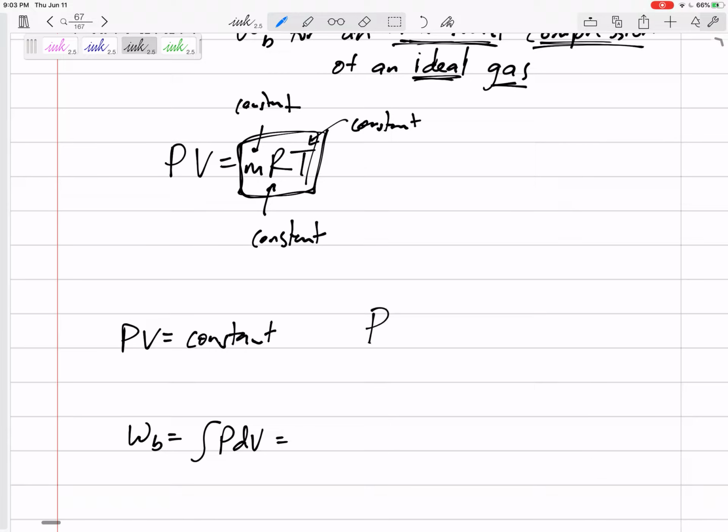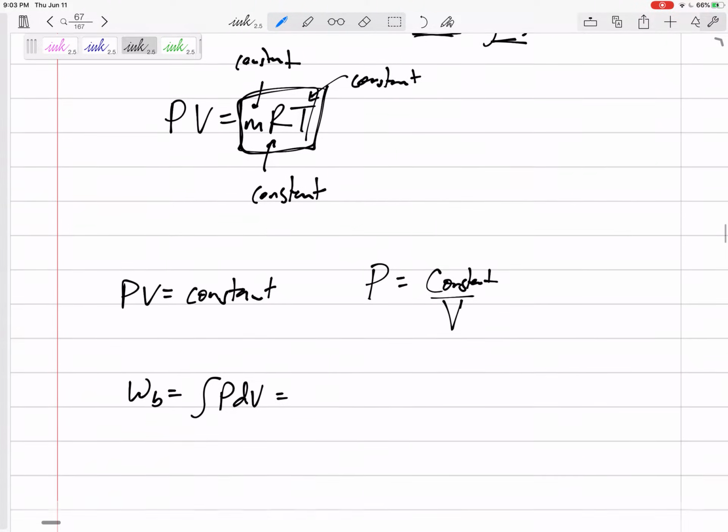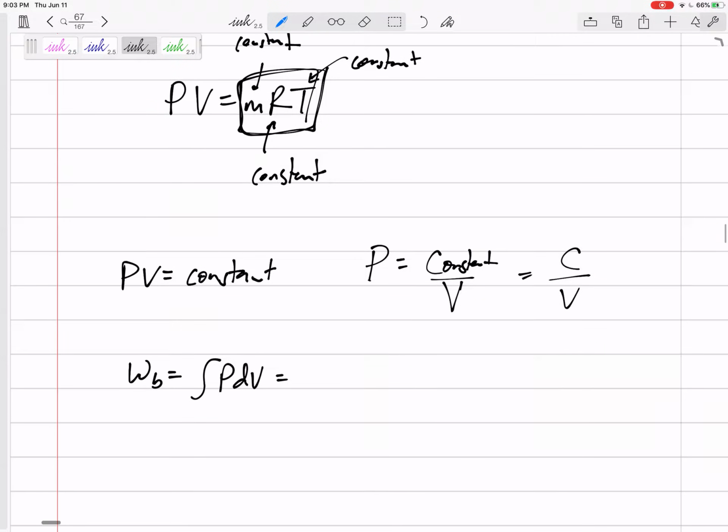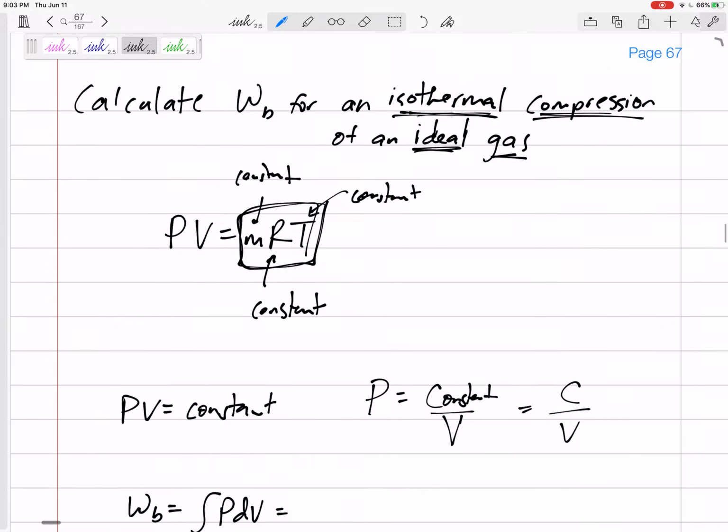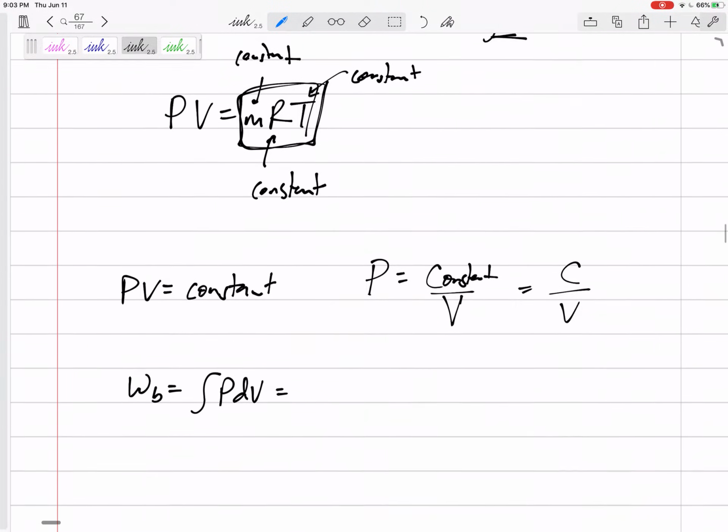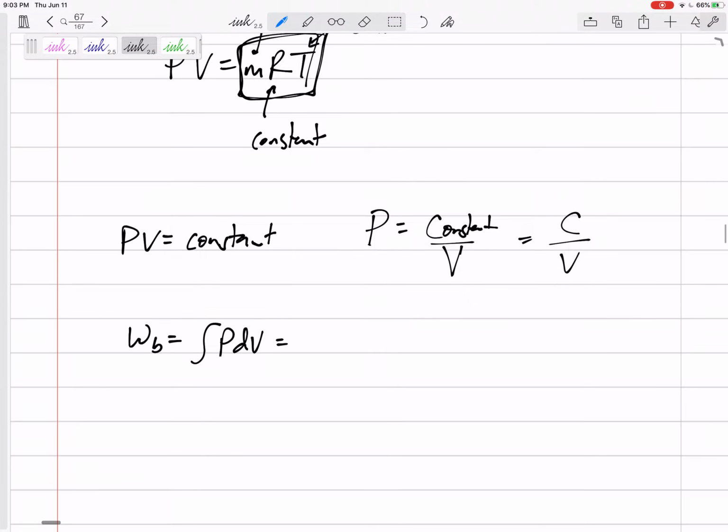So let's rearrange this: P is a constant over V. Now let's calculate the boundary work for an isothermal compression of an ideal gas where PV is constant. This is really just the integral of some constant value over volume, integrated with respect to volume.